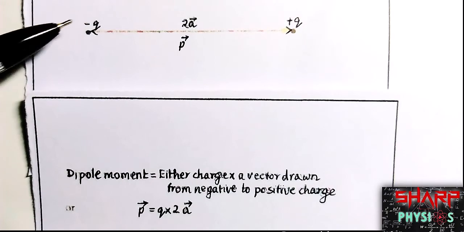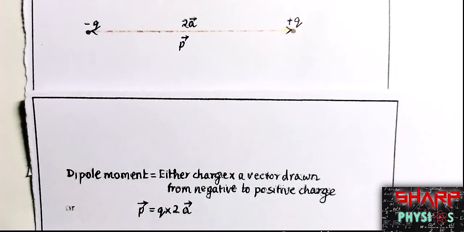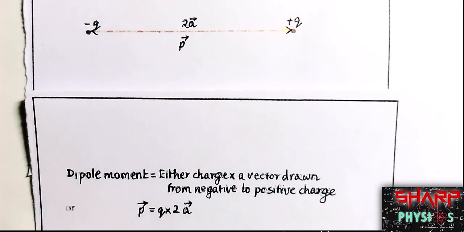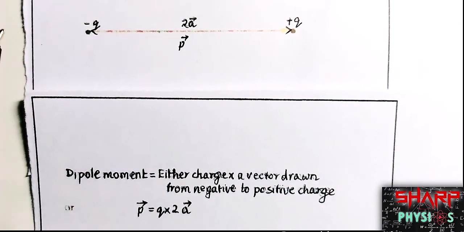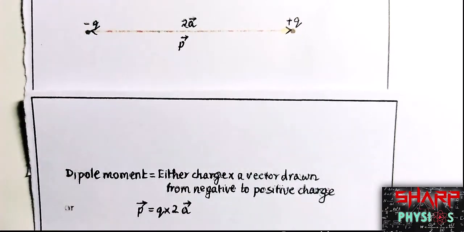For these two charges, q plus and q minus, at distance 2a, the dipole moment is equal to either charge times a vector drawn from the negative to the positive charge. You can see here the vector is drawn from the negative to the positive charge. So the formula is: the dipole moment p vector is equal to charge into the dipole distance, so p is equal to q into 2a vector.